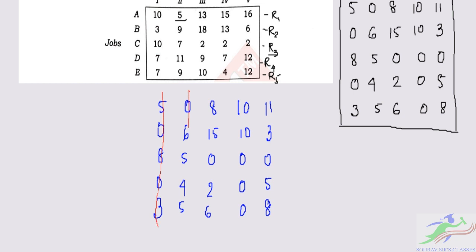This is another vertical line, because we have to cover all the zeros by the minimum number of vertical and horizontal lines. Next is this, and finally the middle one. So you can see that all the zeros are covered by 4 lines only.